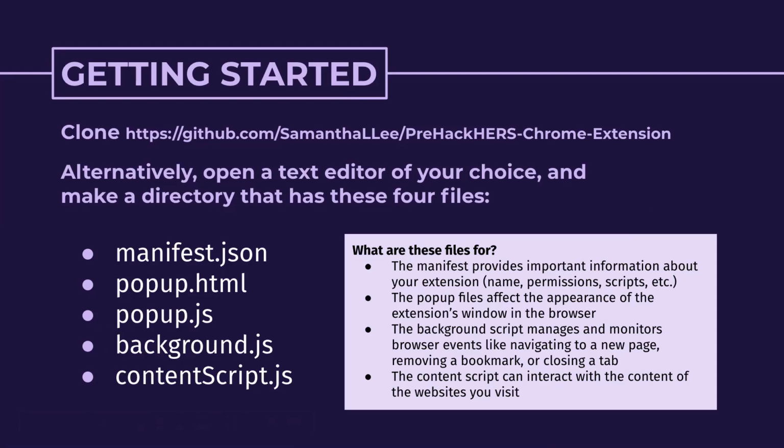So the manifest provides important information about your extension, like the name, permissions, scripts, etc. And we're going to see that, I think that's the next slide actually. The popup files affect the appearance of the extension's window in the browser. The background script manages and monitors browser events like navigating to a new page, removing a bookmark, or closing a tab. And the content script can interact with the content of the websites you visit.